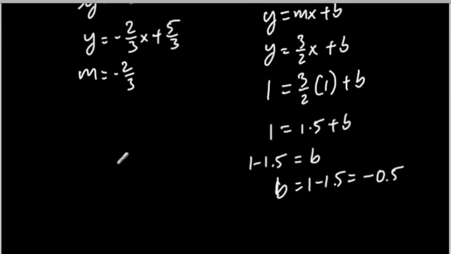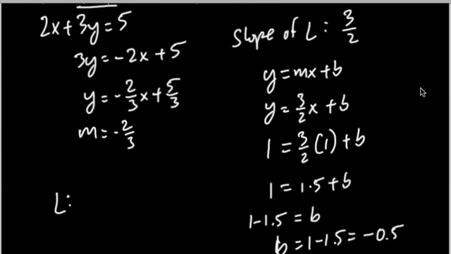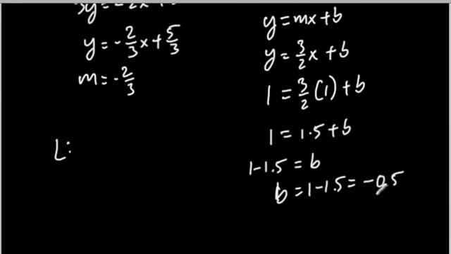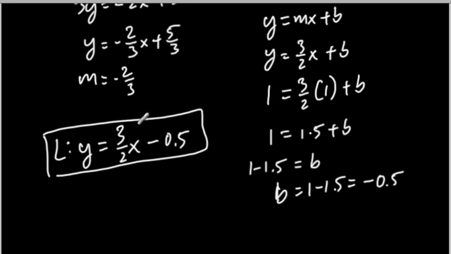So our solution for L: we have the slope, which is 3 over 2, and the y-intercept, which is negative 0.5. So y is equal to 3 over 2 x minus 0.5, and this is our solution. It doesn't matter whether you write it as a fraction or a decimal, as long as it's the right answer, that's all I care about.